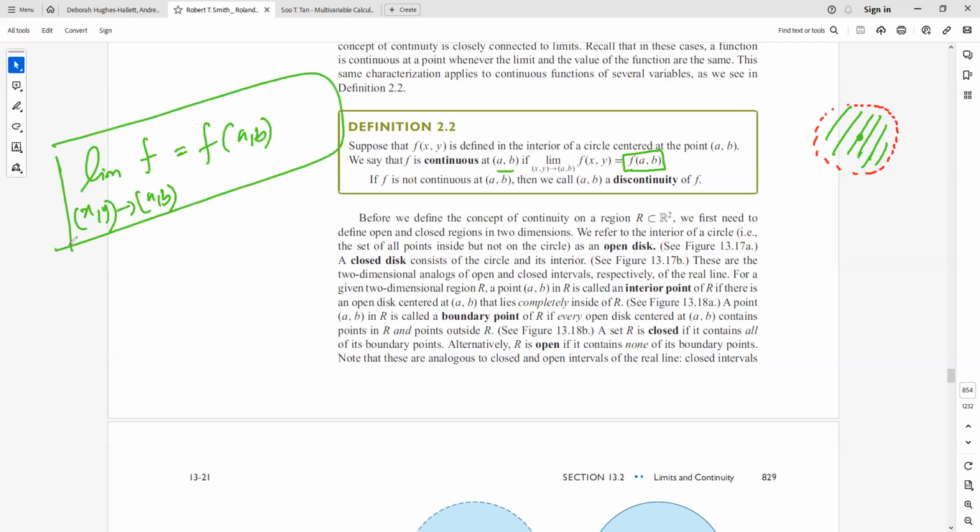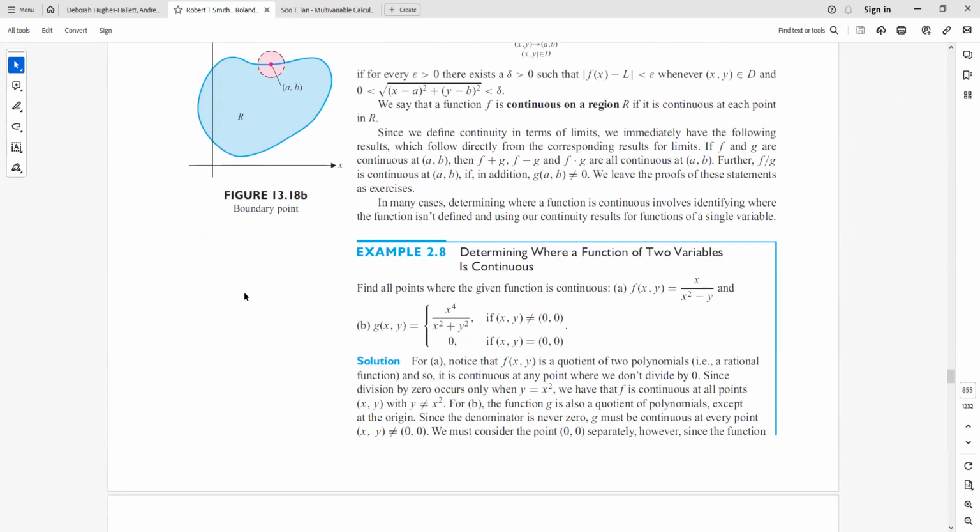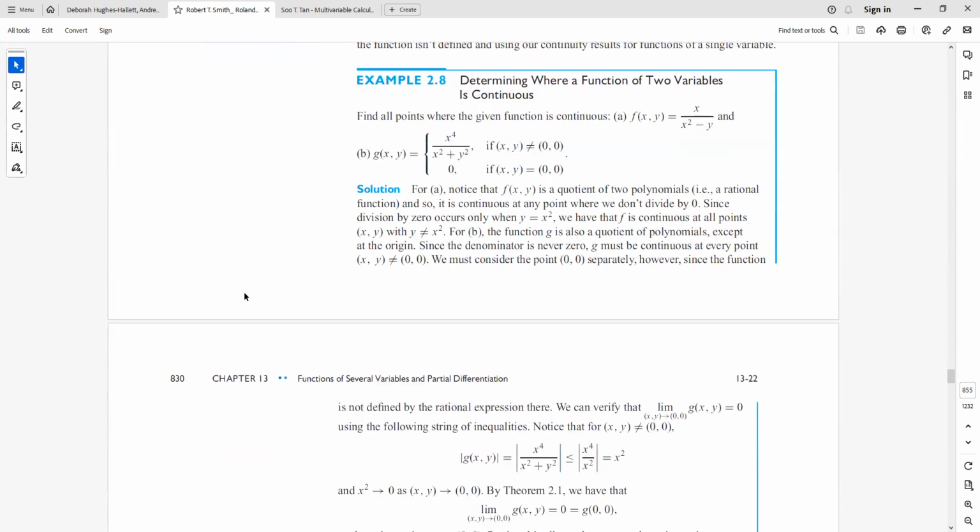So this is a robust condition that guarantees that the function is continuous, right? If this function is not continuous at a, b, then we call a, b a point of discontinuity for this function. So this is the definition of continuity for a multivariable function. It's just an extension of the definition that we learned in single variable calculus.